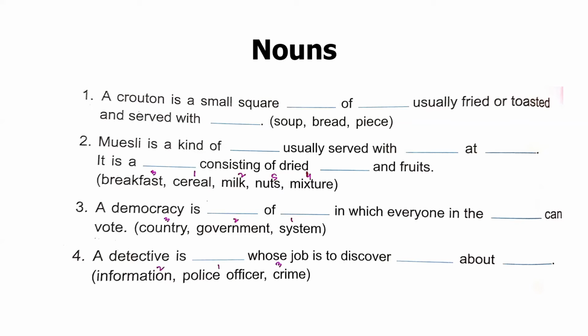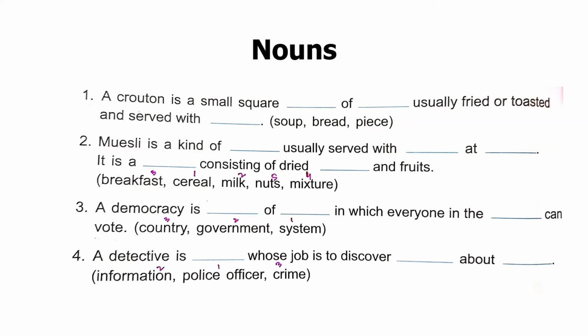Number 2. Muesli is a kind of cereal usually served with milk at breakfast. It is a mixture consisting of dried nuts and fruits. Number 3.